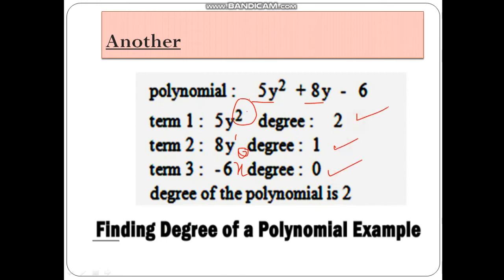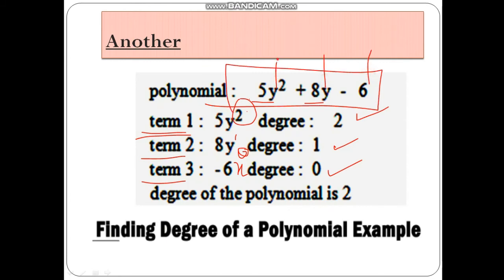So the degree of the first term is 2, the second term is 1 and the third term is 0. फिर मुझे इनमें से देखना है what is the largest one. इसकी 2 थी, इसकी 1 और इसकी 0, the degree of the polynomial is 2, the largest one.